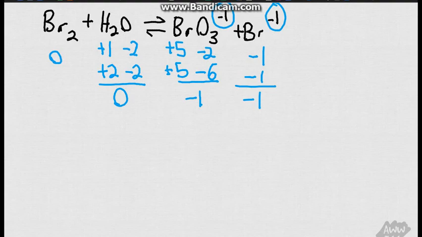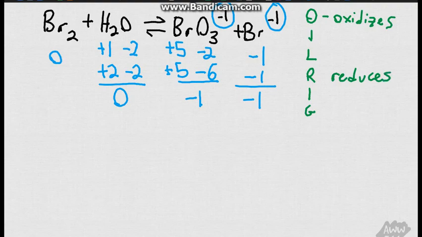So remember, I think I've seen the abbreviation OIL RIG used. That means Oxidation Is Loss, and Reduction Is Gain: reduction occurs if you gained electrons, and oxidation occurs if you lost electrons.